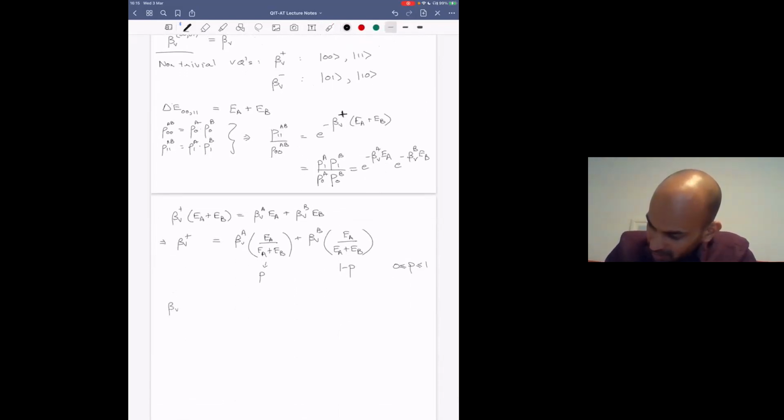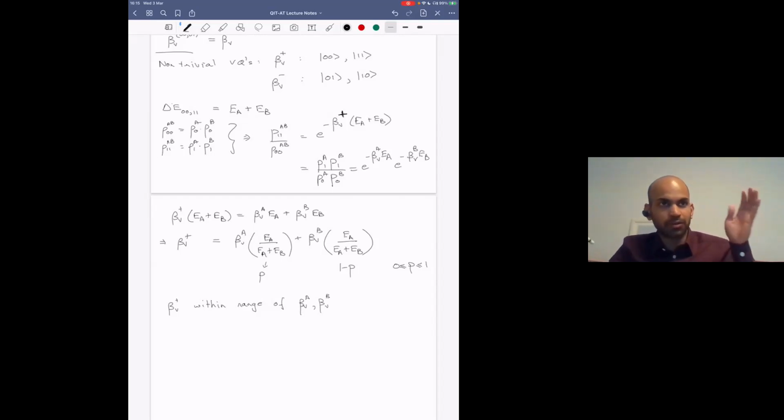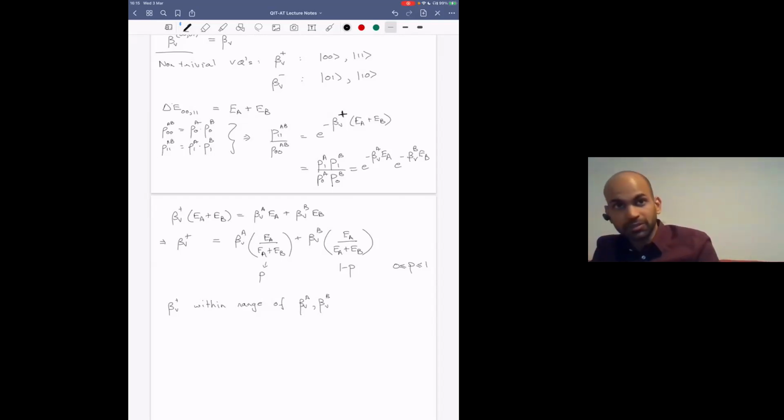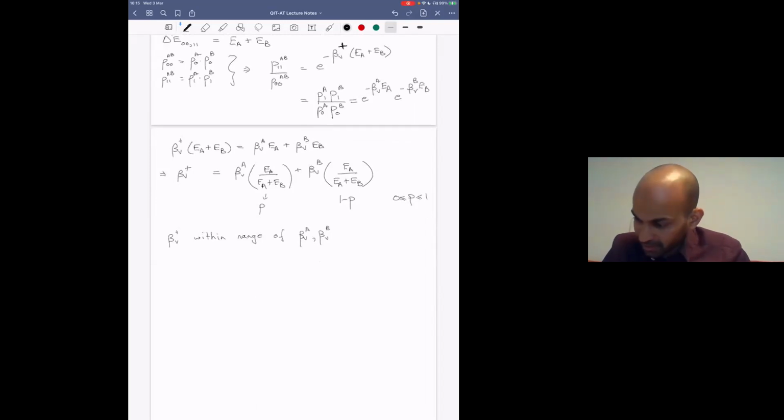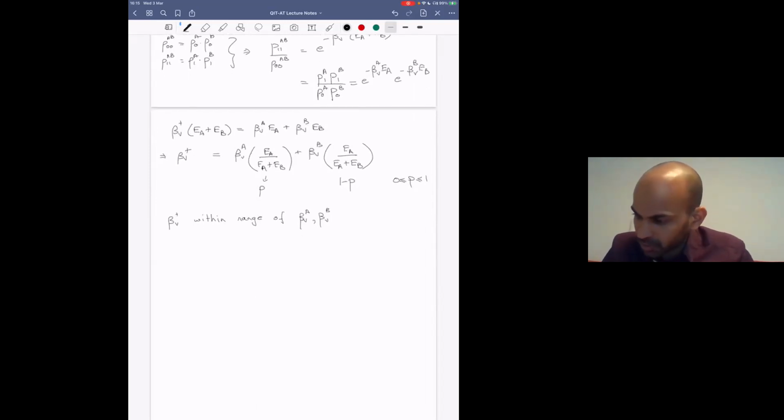So beta V plus is within the range of beta VA and beta VB. Now I can't write the interval without knowing which one is greater, the virtual temperature of A or the virtual temperature of B, but whichever way it is, this number beta V plus is always going to be in between. So this is interesting, and it will come in useful for us.